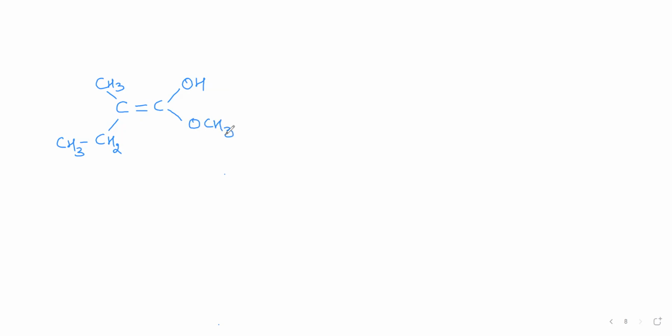Okay. Now again here all the four groups are different. I'm using the Cahn-Ingold-Prelog rule only to first assign the priority. Let me take this carbon. This carbon is directly joined to oxygen here and oxygen here. If the atom which is directly connected to the carbon having double bond is same, here both the oxygens are same atoms, only then do you proceed to the next atom.